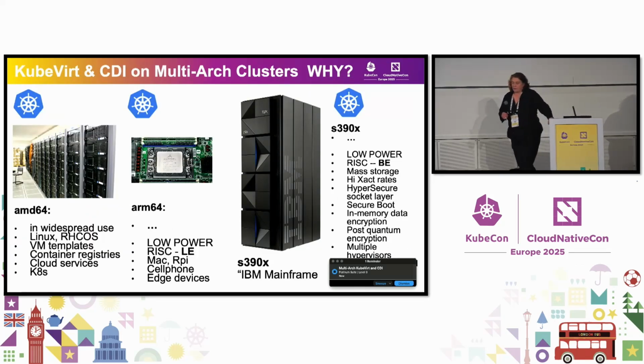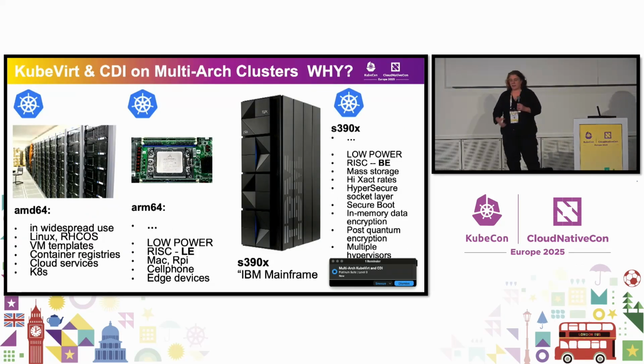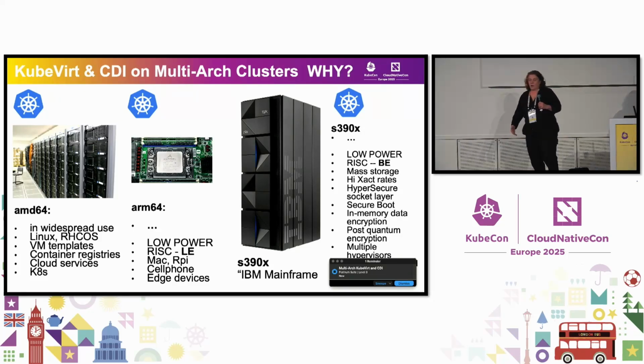What do I mean by different architectures? I mean your x86 machines that are in widespread use in data centers across the world. They run Linux, RH Core OS. You've got a lot of VM templates, a lot of VMs for them, container registries galore, and Kubernetes obviously runs really well on these.